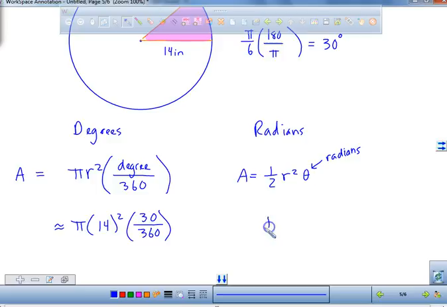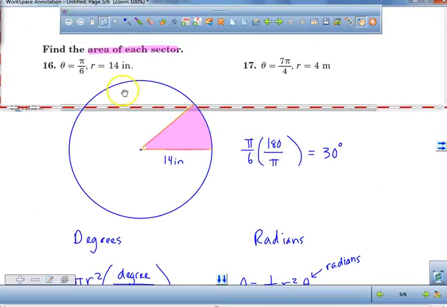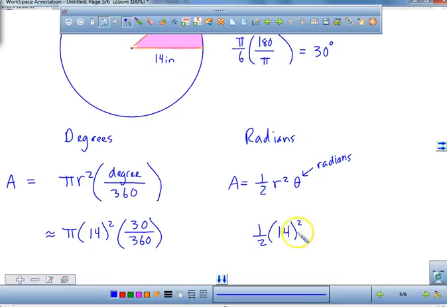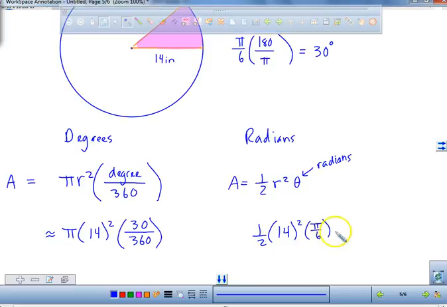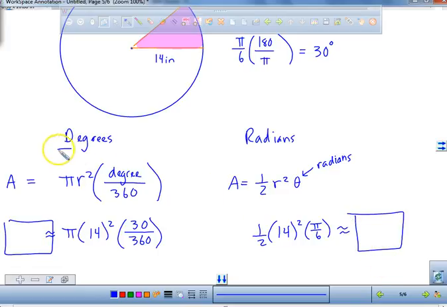Over here, I have 1/2, my radius is still 14, but this time in radians, theta is equal to pi over 6. So I'll write pi over 6 and get an approximate answer. If I use degrees, I'll have an approximate answer for radians, and if we did everything right, they should be the same answer.